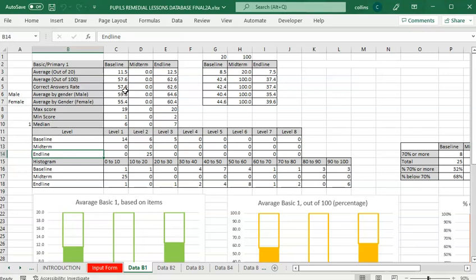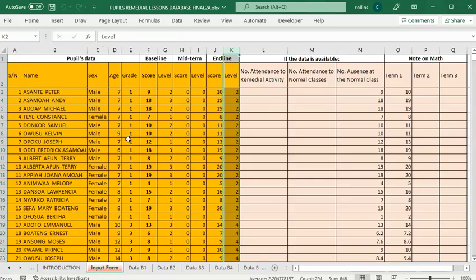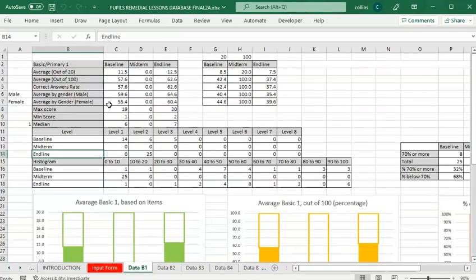Whatever test instrument you use for the baseline, you use the same for the end line assessment. You are not going to write different questions for the end line assessment, right? So after conducting and entering the data for each of the pupils, then this will be information for analysis.